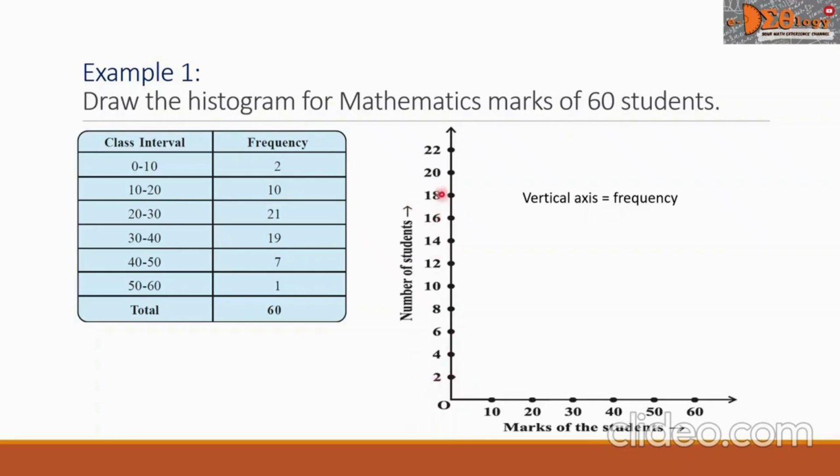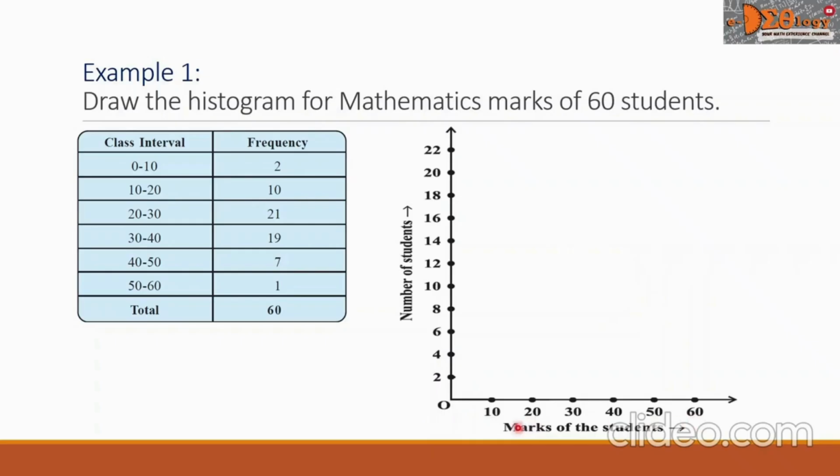We write the numbers and we made sure that the highest frequency is defined in our numbering. For the horizontal axis, this is about the marks. We will consider the class intervals. Now, we will define the class limits from 0, 10, 20, up to 60.